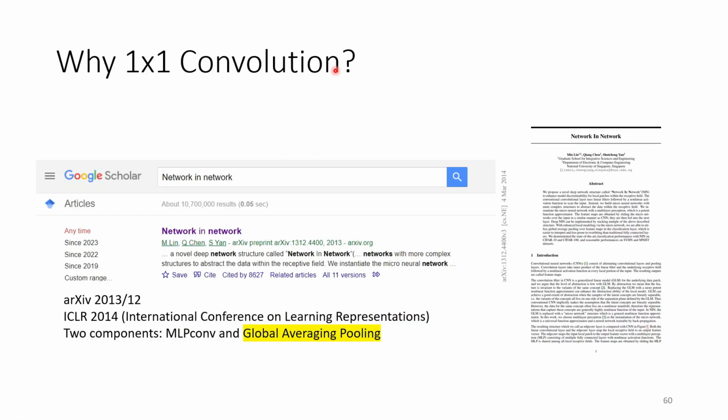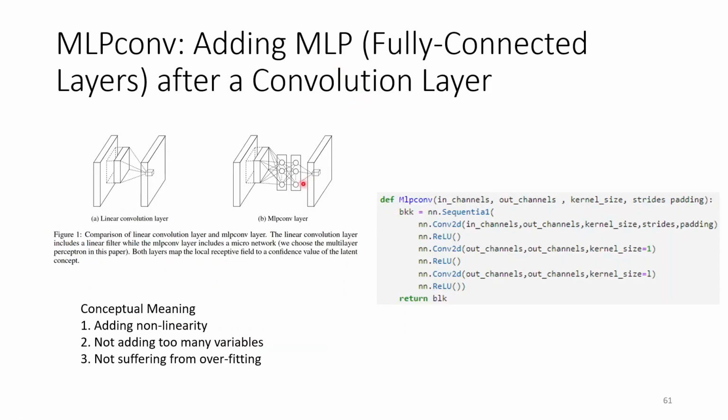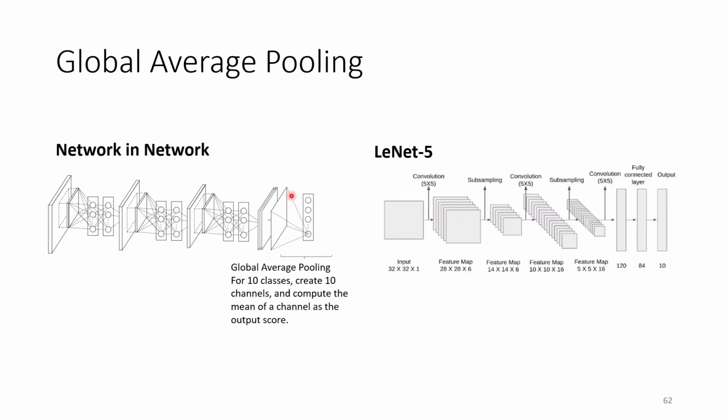Let me show you the relation between them. You know the one-by-one convolution can replace the fully connected layer, to reduce the number of parameters and accelerate performance. And another one is the global average pooling.